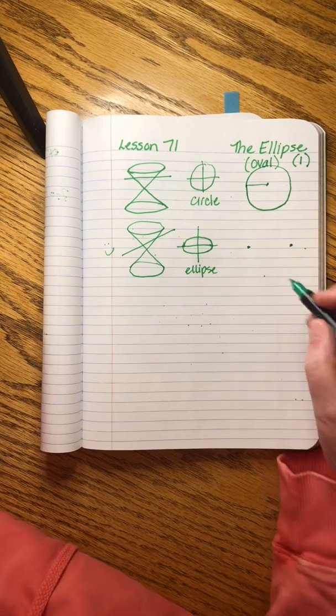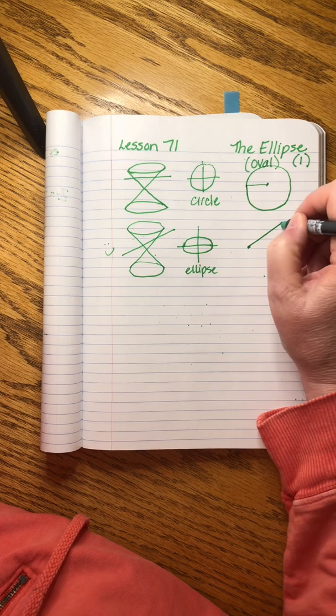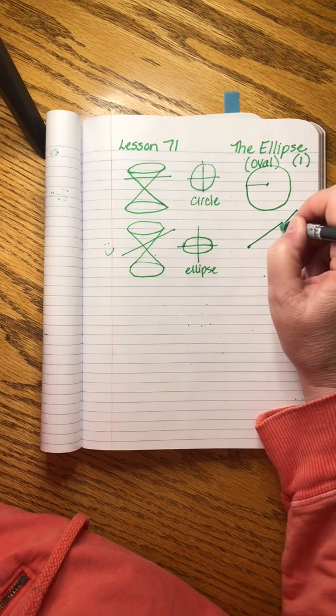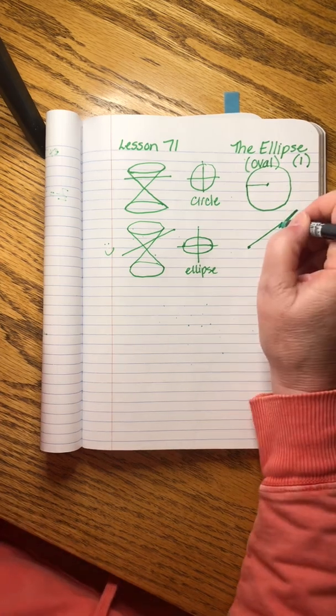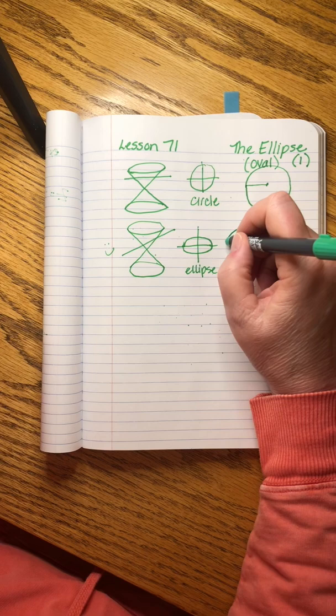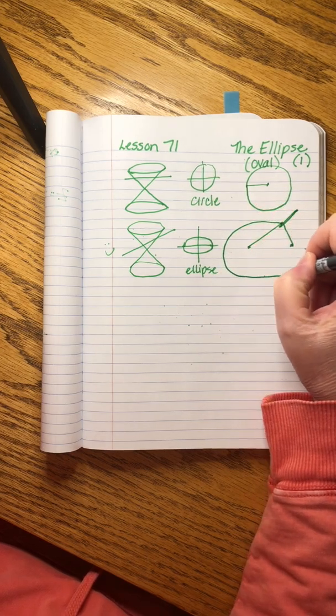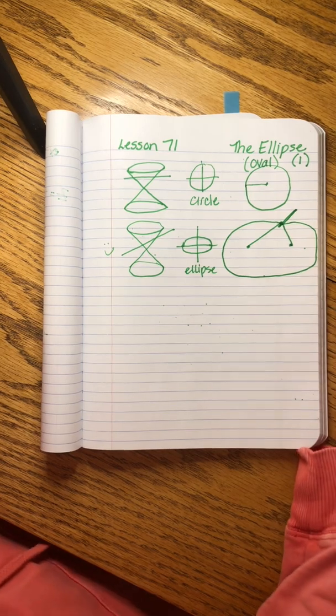And what we're going to do is have a string attached to it, and our pencil we'll put right in there. That's the pencil, all right? Pretend with me. Now, if we pull around on this, we're going to get not a perfect circle, but a shape more like that, okay?